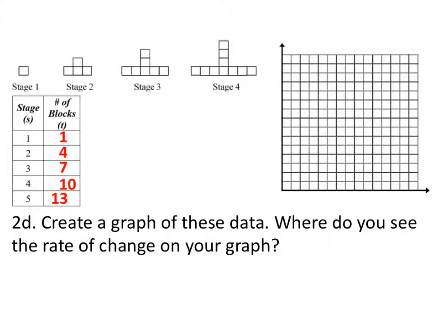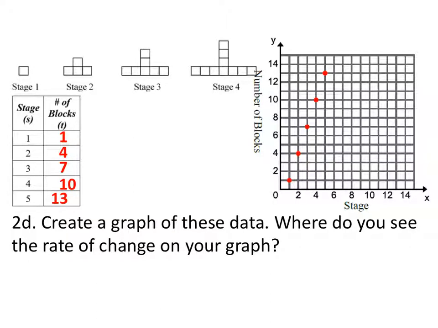Now create a graph of these data. Where do you see the rate of change on your graph? Take a moment with your neighbor and answer this one as well. All right, so here's the graph.